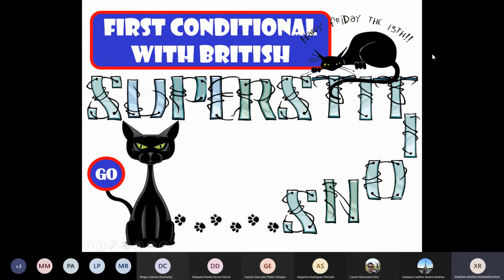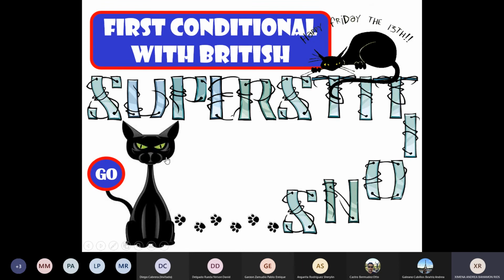We have here the combination of the first conditional with some British superstitions. As I already said, maybe we don't have this in Colombia. This is just a custom from there, but this is the idea, just to take a look at other customs. Notice here we have what Beatriz was telling us, Happy Friday the 13th, pretty good.